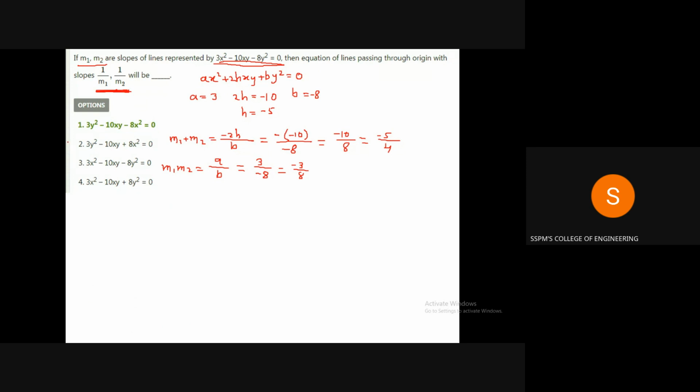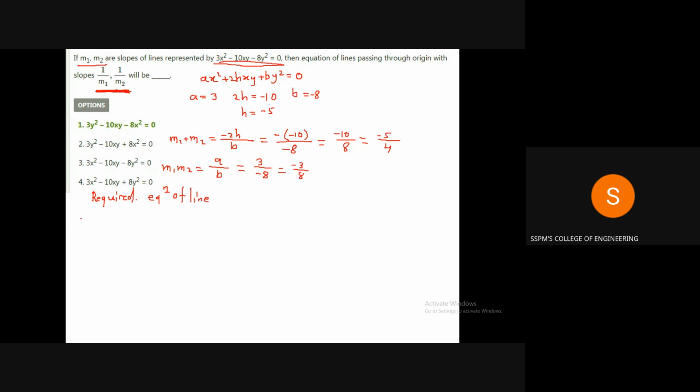So again, the slopes of the required lines are 1 upon m1 and 1 upon m2. What is the required equation of line? It is given by this.